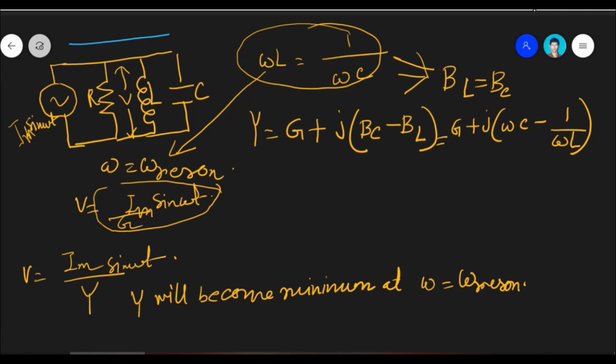And for the two extreme cases, when omega is equal to 0, BL will become infinitely large and BC will become 0.